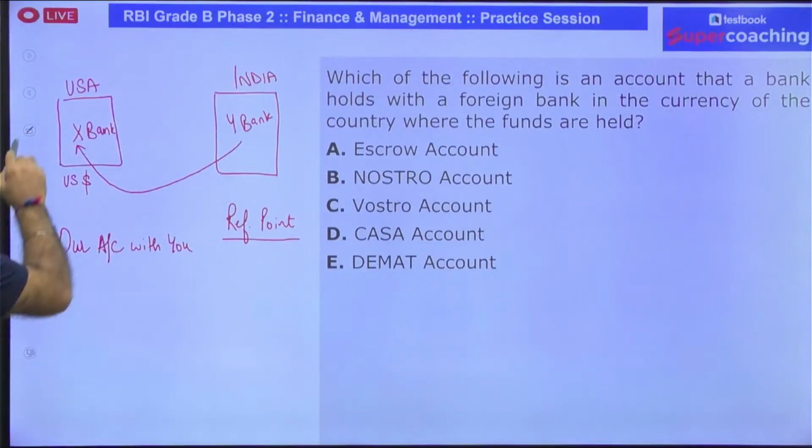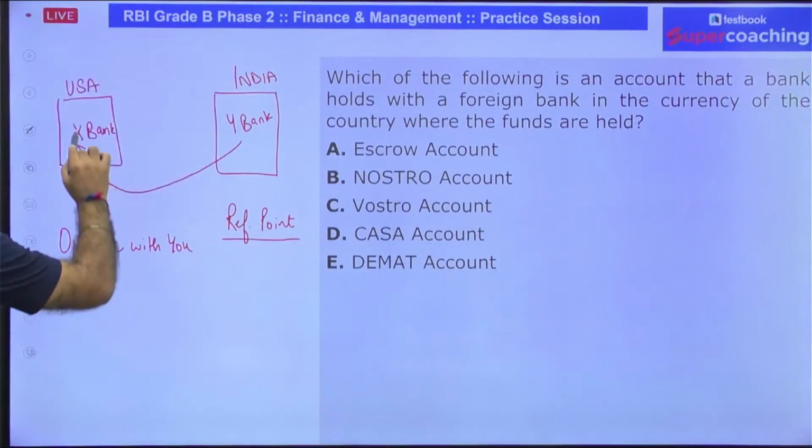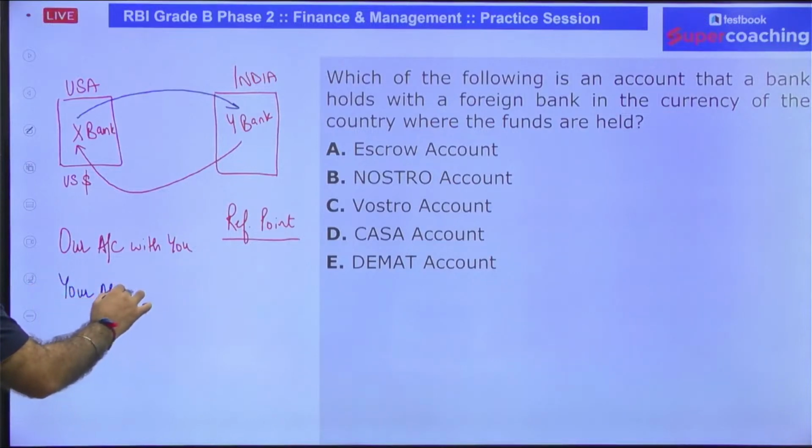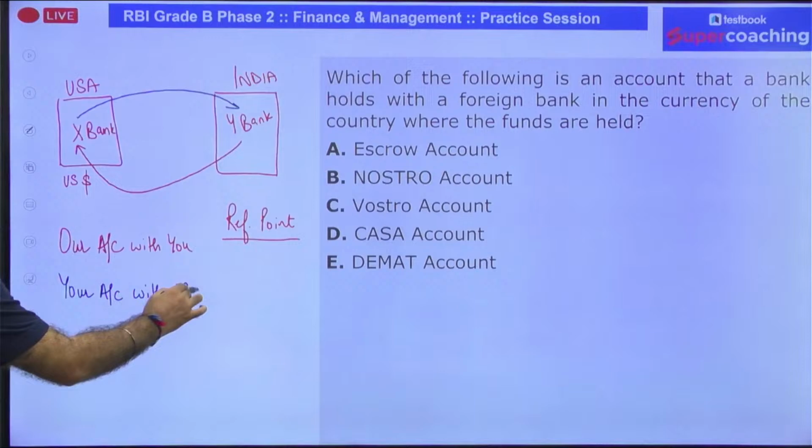Second point is if this X Bank is opening up an account with Y Bank in India, in Indian rupees, then we'll say your account with us.